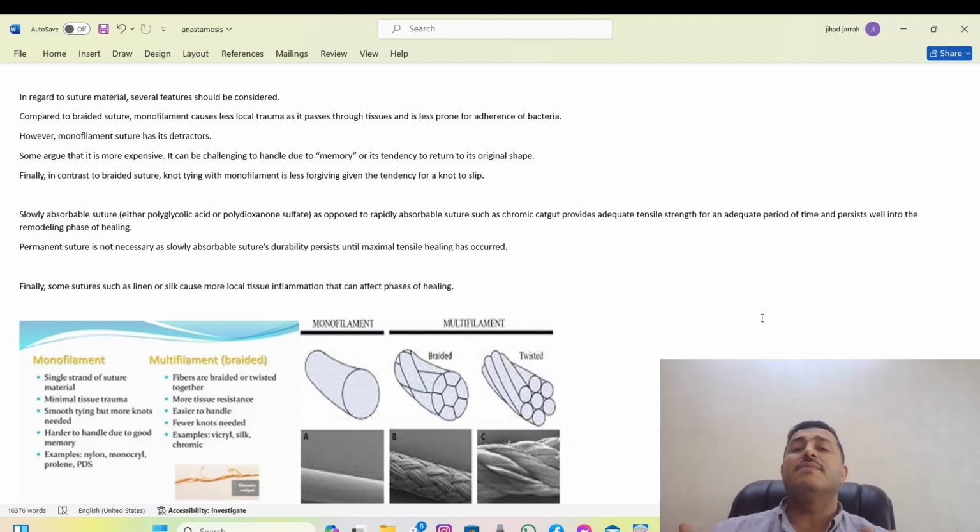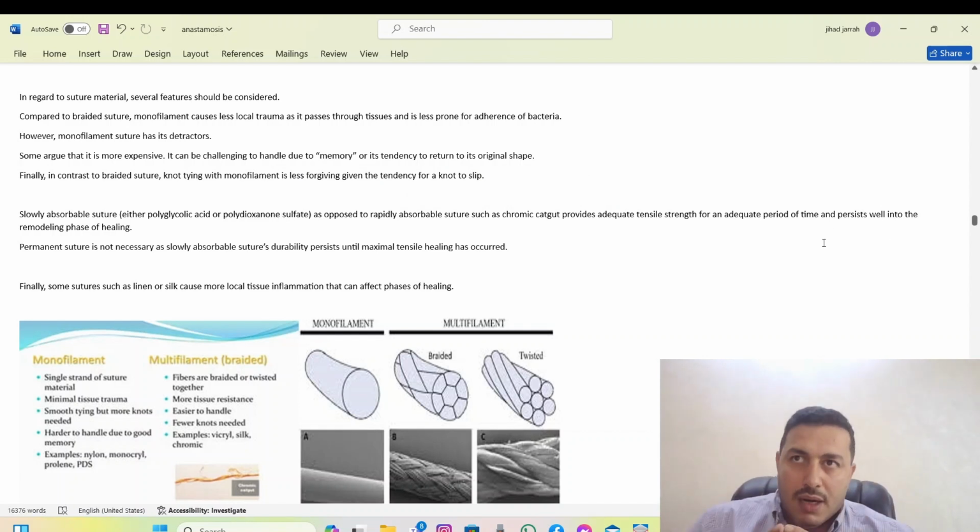So non-absorbable suture is not recommended. But we know that we have a lag phase, or an inflammatory phase, at which the anastomosis depends 100% on my sutures. So it's recommended to use slowly absorbable sutures, such as PDS, polydioxanone, for example.